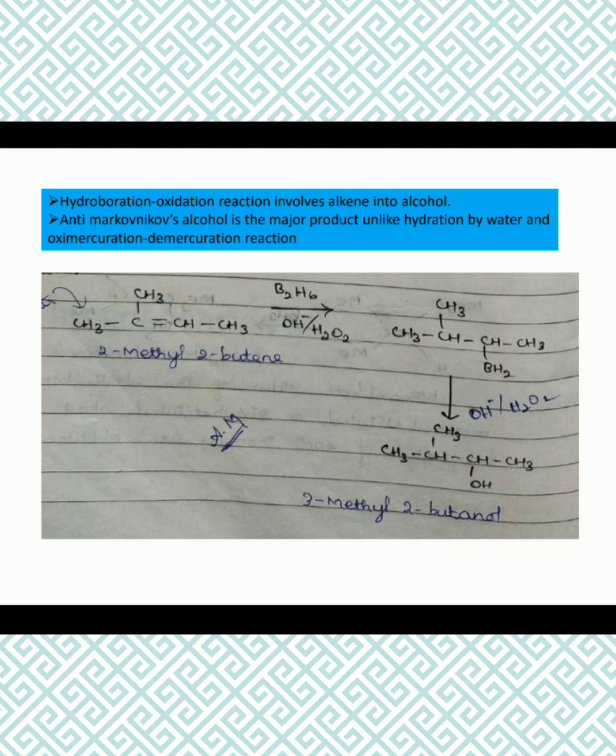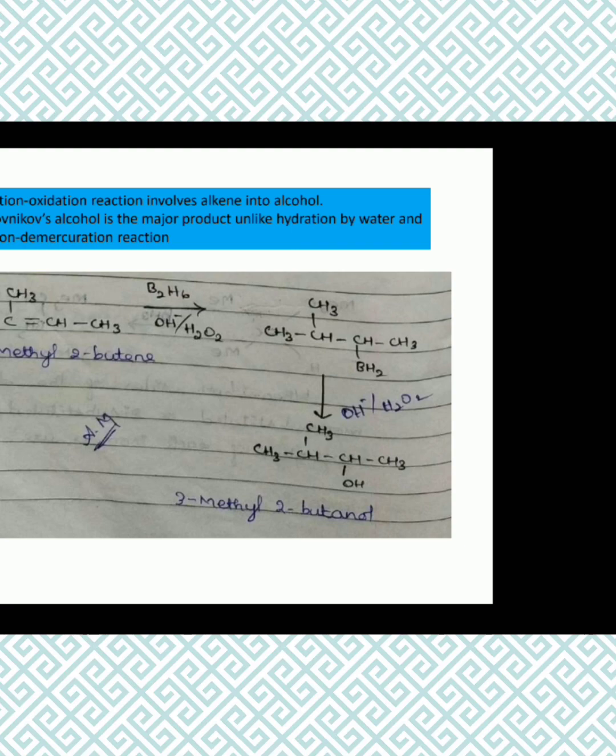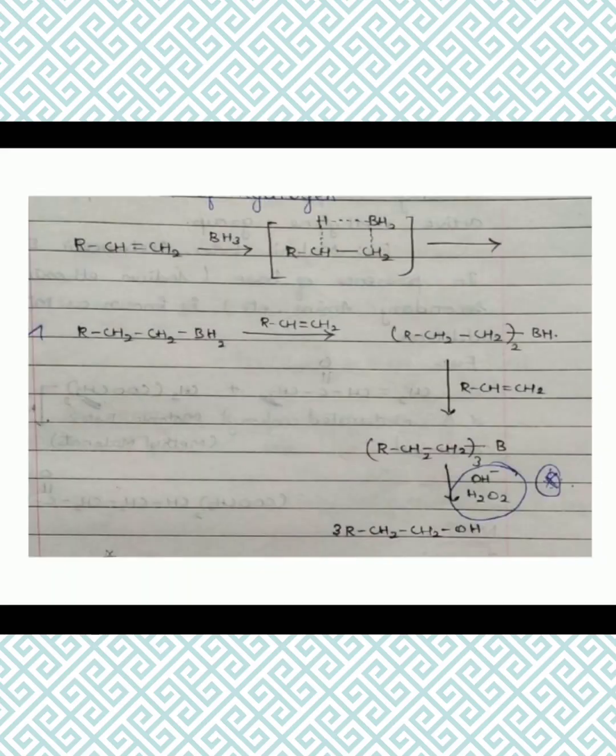So in this reaction, 2-methyl-2-butene forms the 2-methyl-2-butanol product. This product is formed following the Markovnikov rule, even though we get the anti-Markovnikov alcohol products. This is also a hydroboration reaction.